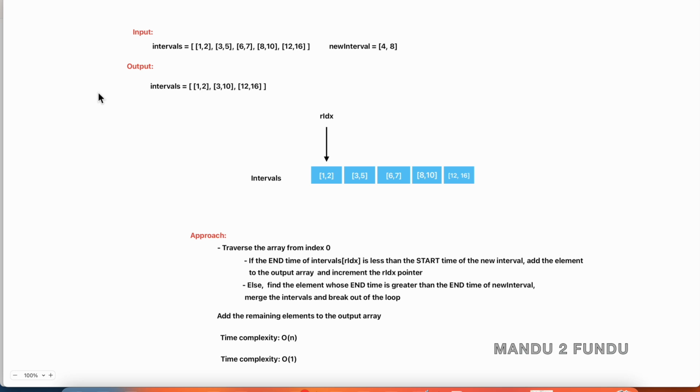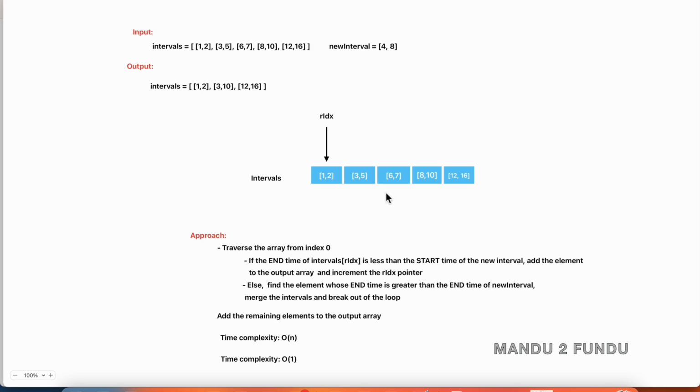Let's look at the approach to solve this problem for this input. The expected output will be [1, 2], [3, 10], [12, 16] because this interval is overlapping these three intervals. All these three intervals will be merged together and we add that in the output list.